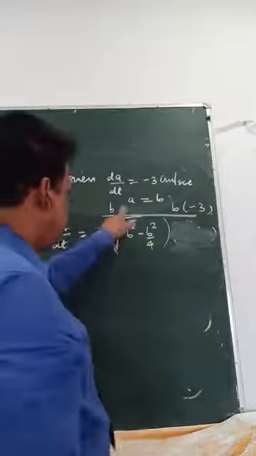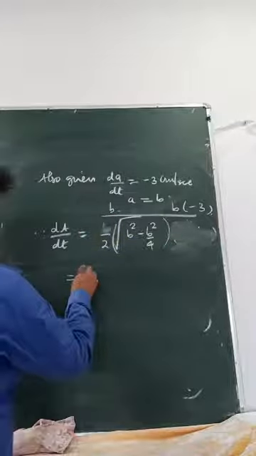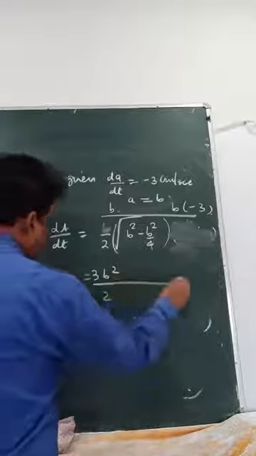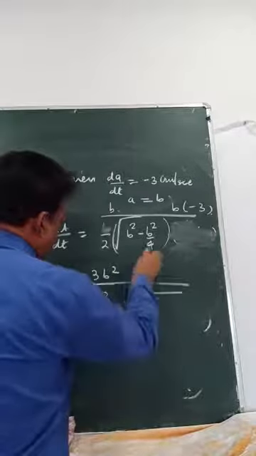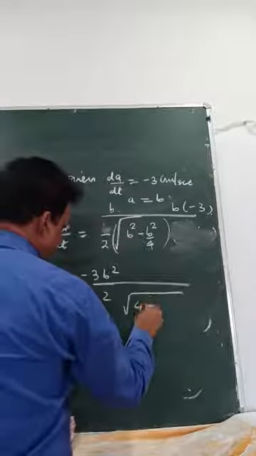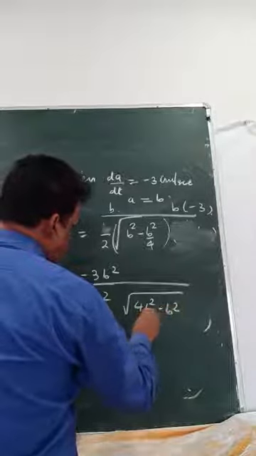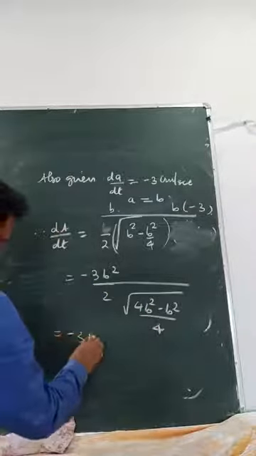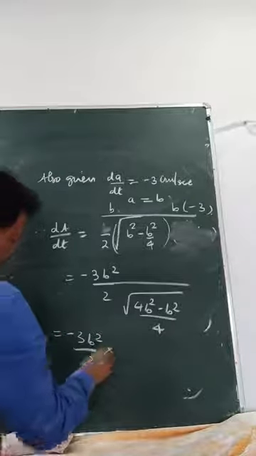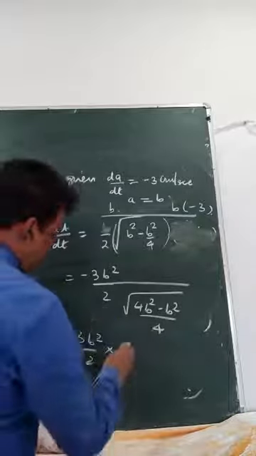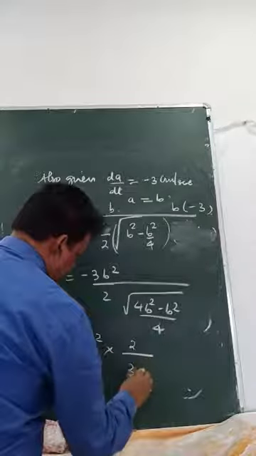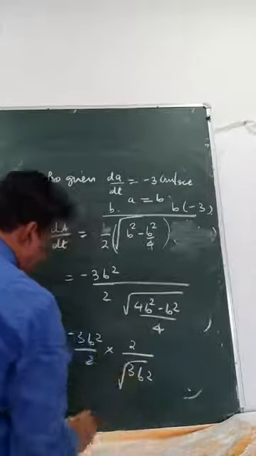Correct. b into b minus 3b square by 2, 4b square minus b square by 4, that is minus 3b square by 2. This 4 root over will go up, that is 2 by 3b square root over.